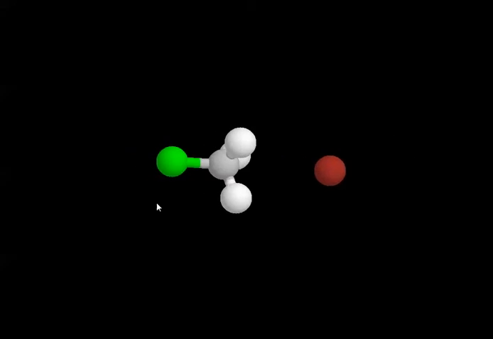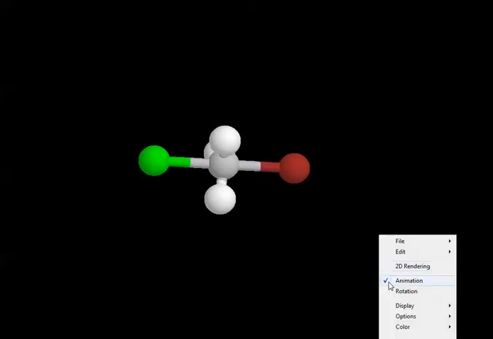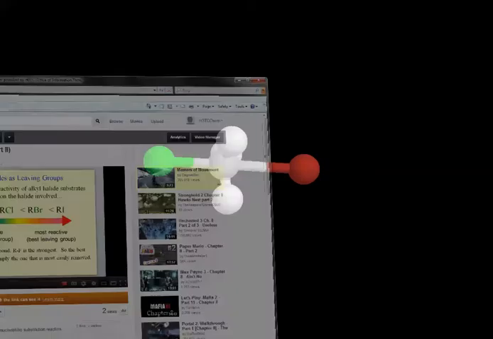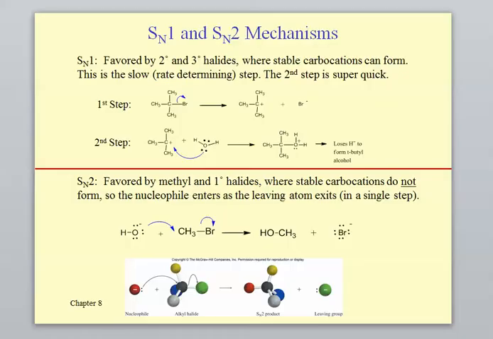We assume that this is the kind of mechanism that's going to occur in cases where we wouldn't expect the carbocation to be particularly stable, and that's going to be certainly the case if we're dealing with something like a methyl bromide. And so on this slide, that's what's being shown on that bottom picture there, is the incoming nucleophile coming in at the same time that the leaving atom is leaving. So we say the SN2 is a concerted mechanism in that regard.